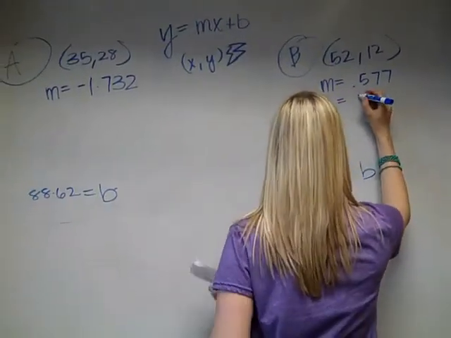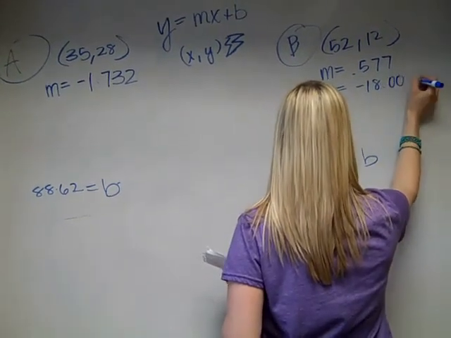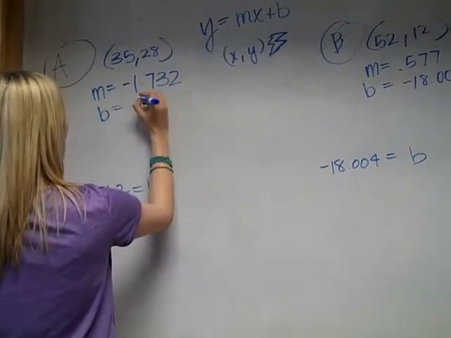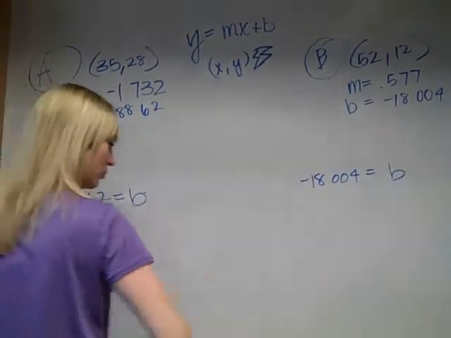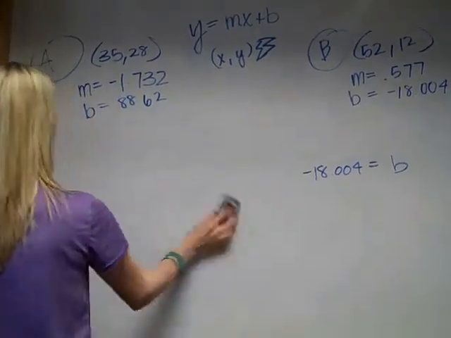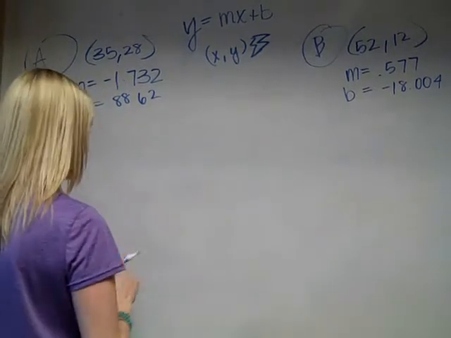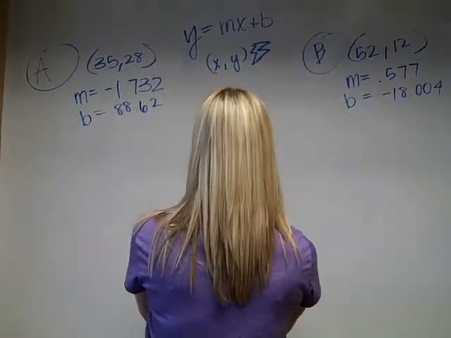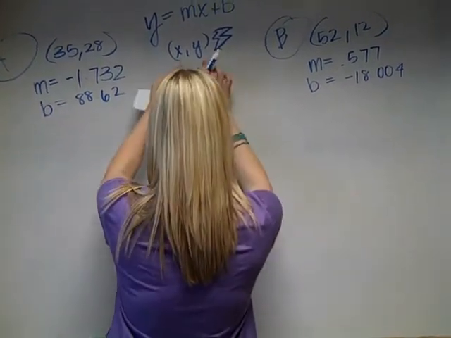One line hits the y-intercept at negative 18.004, and this one hits it at 88.62. Both lines are in comparison to the lightning strike, so if we use these two equations, we can find where they intersect.